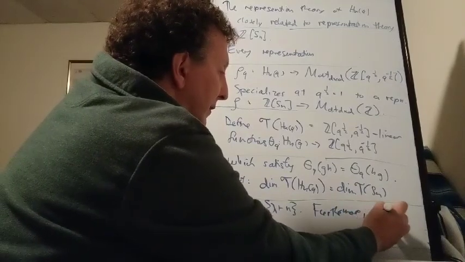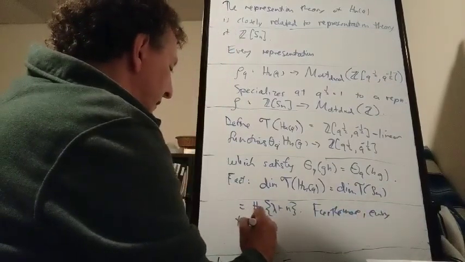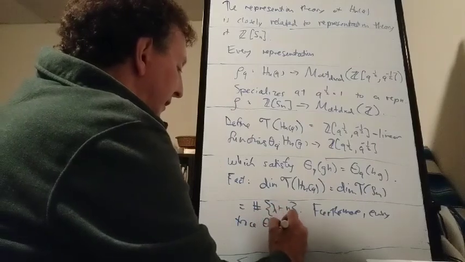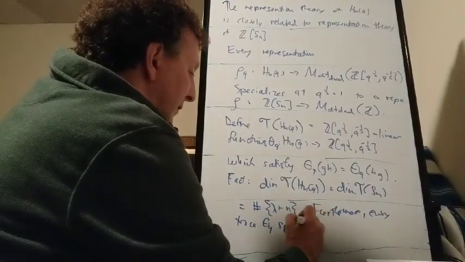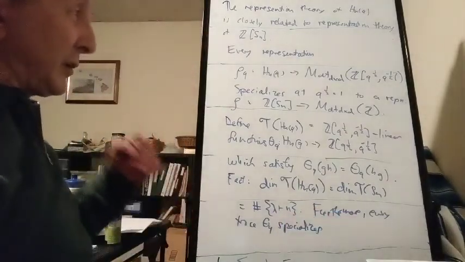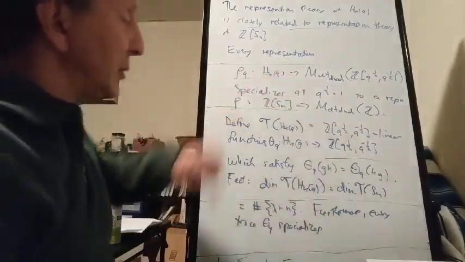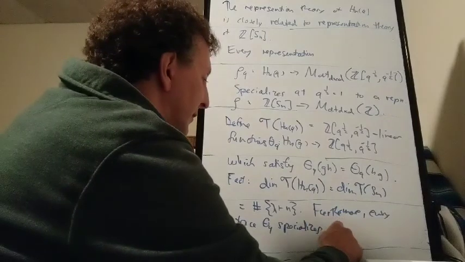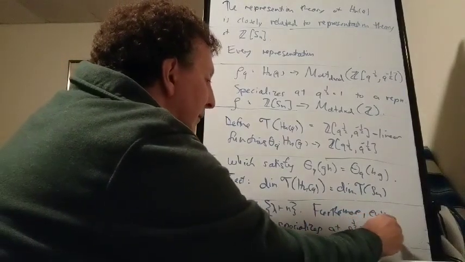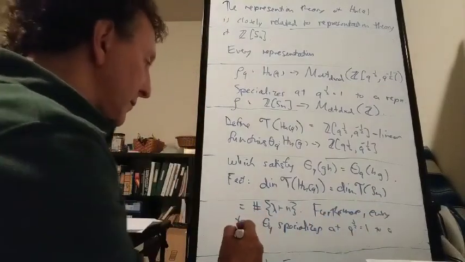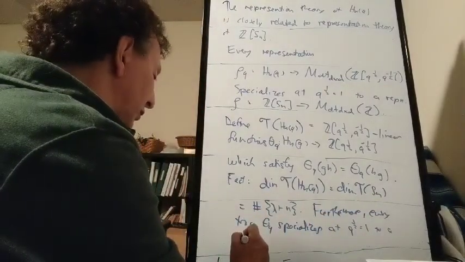Furthermore, every trace theta q specializes, even if it's not the character of a representation, at root q equals 1 to a symmetric group trace.